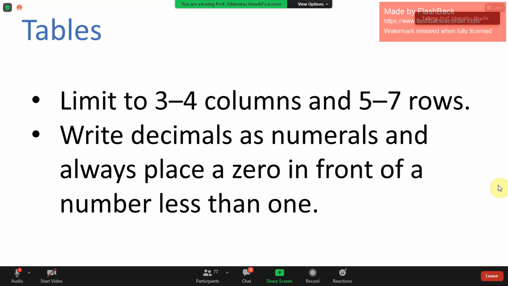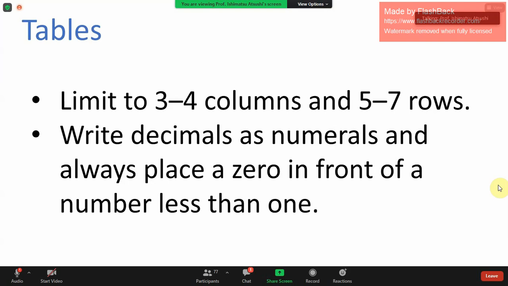Please use the decimal point as numerals and always place 0 in front of a number less than 1, 0 point something, not 0 comma.